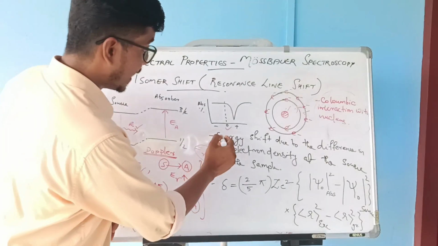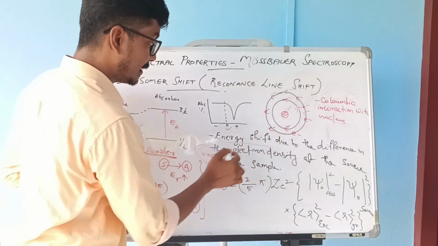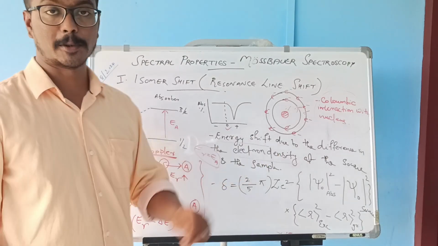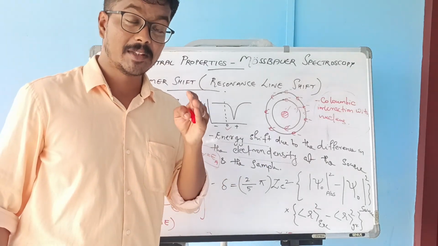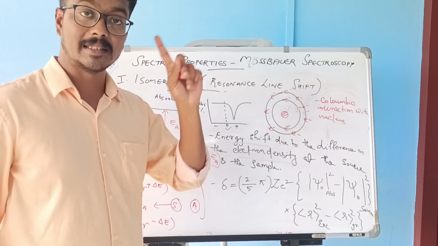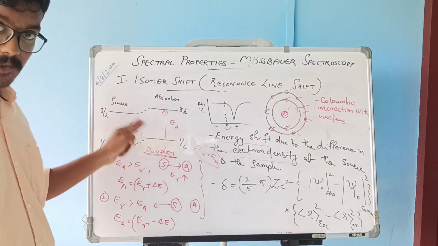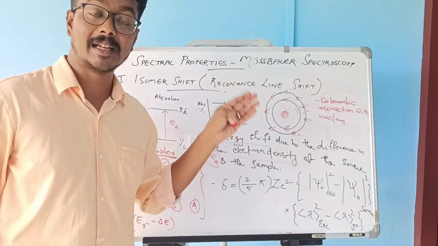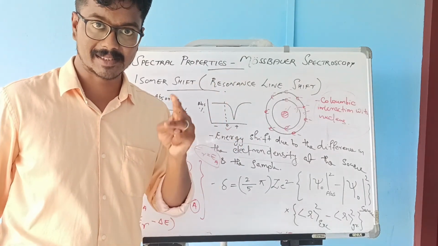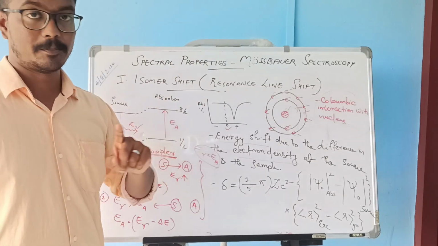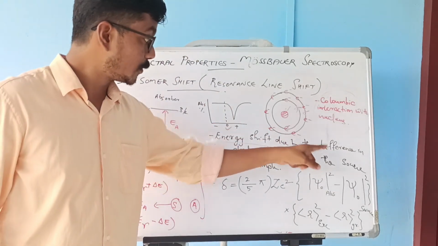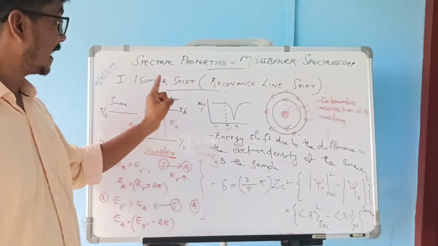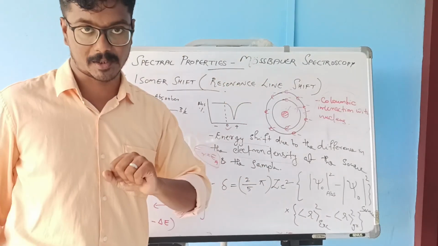Let me repeat: the energy shift is due to the difference in the electron density at the source and the sample, or the absorber. If the electron density around the nucleus is different in the absorber and the source, there will be an energy shift, a change in the nuclear transition energy. As a result, isomer shift happens. So the energy shift due to the difference in electron density at the source and the sample is known as isomer shift or resonance line shift.